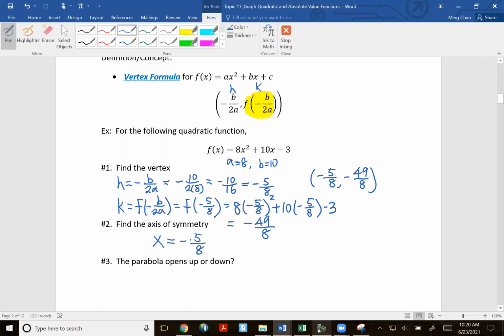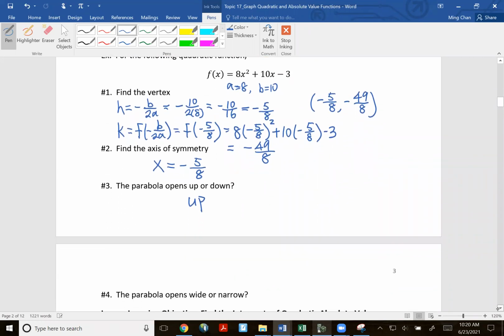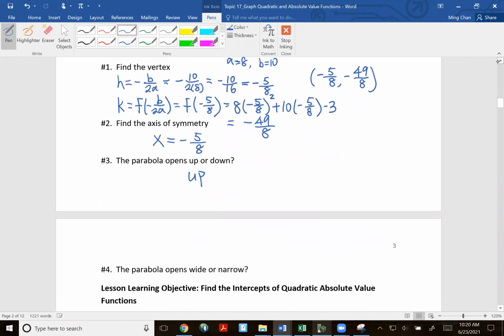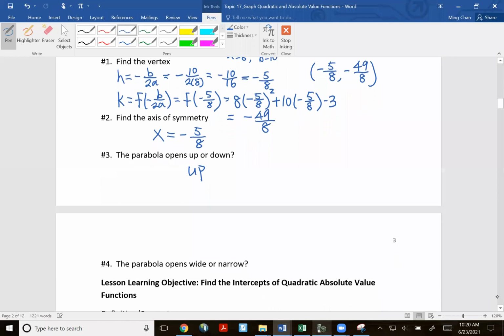Right? Vertical line, x value. Parabola opens up or opens down? It opens up because the a is positive. Open wide or open narrow? Open narrow. You kind of saw it because this 8 is bigger than 1. So it's open narrow.